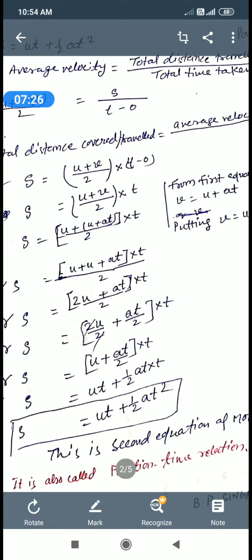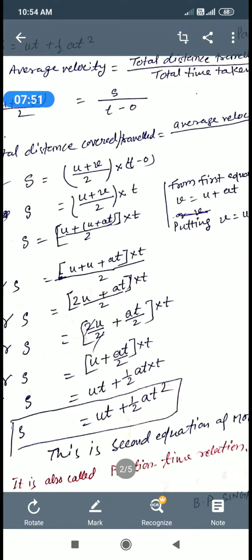Now the third equation, v square is equal to u square plus 2as. Here we consider average velocity, that means (u plus v) by 2, initial velocity plus final velocity divided by 2, that is average velocity.